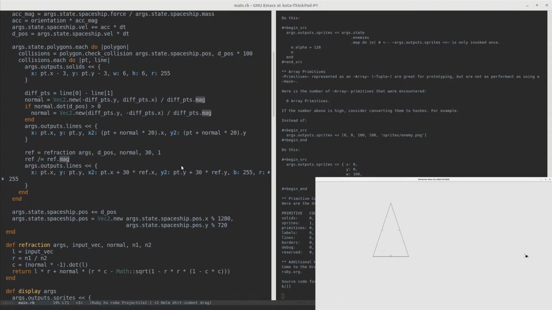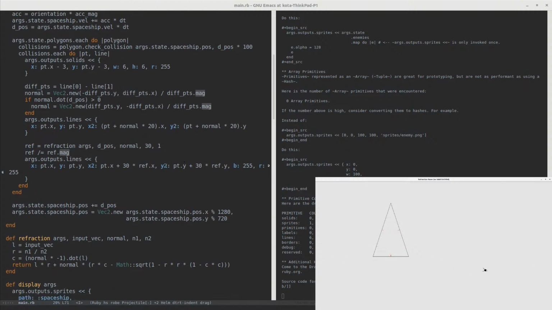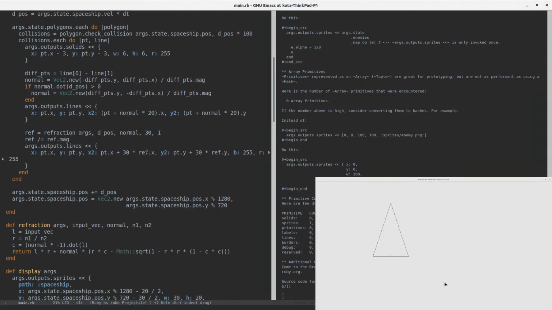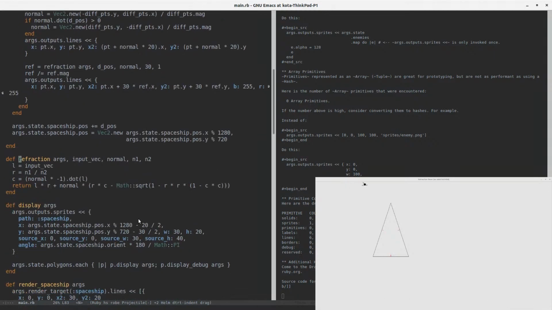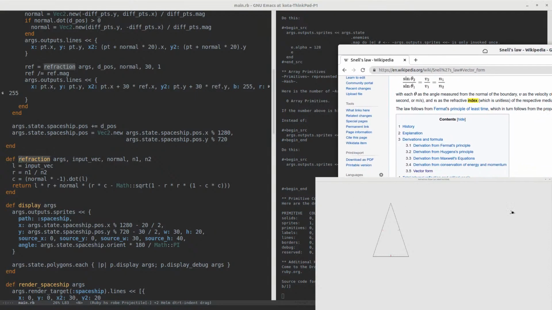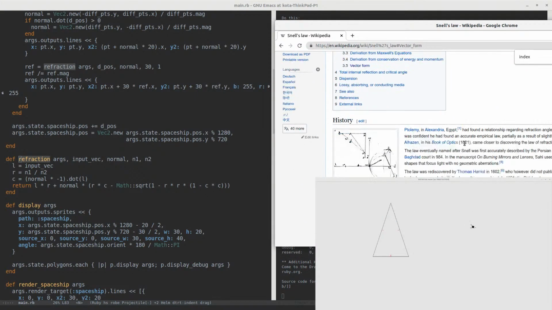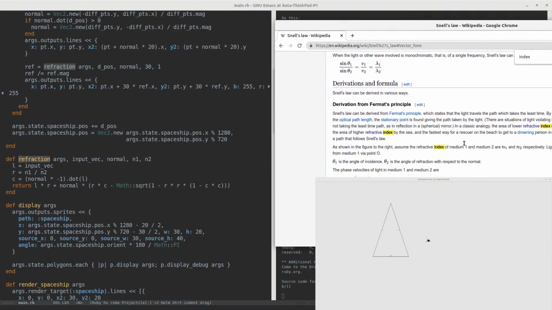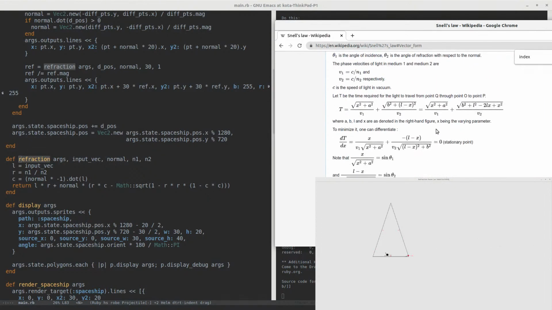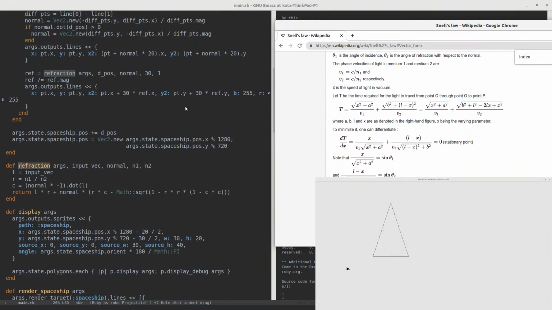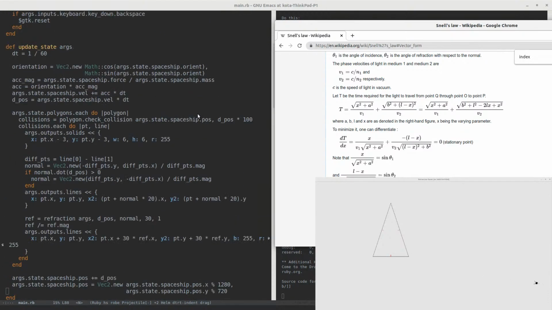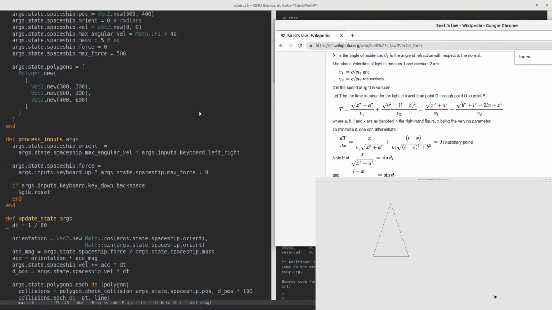It doesn't really look like it. Does it look correct to you? Refraction. Let's take a look at the math again. All right, maybe we can try flipping the N1 and N2 and seeing how that impacts it, since that, of course, should impact it.